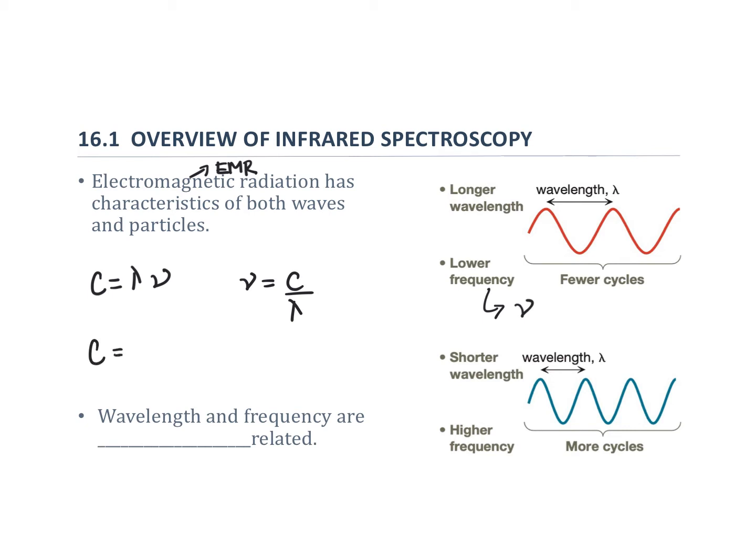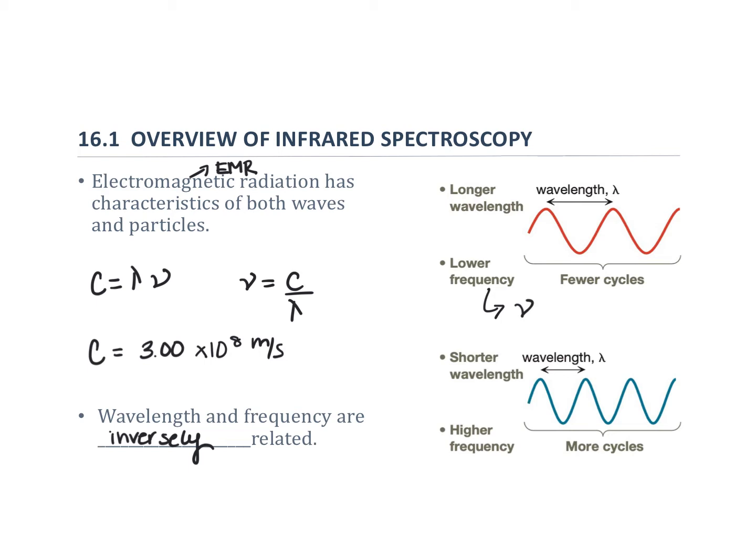It generally is 3.0 × 10^8 meters per second. I think your book uses 2.99. It's not a big deal. That is fine. And then I want you to remember that frequency and wavelength are inversely related. That means as one increases, the other must decrease, and that's what we see here.